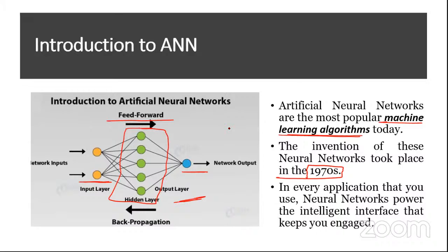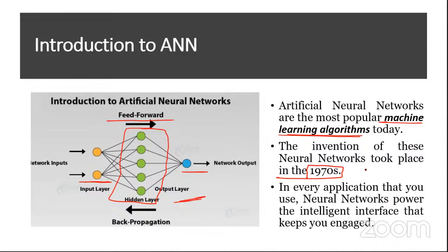They collect the data and forward it into the intermediate layers. Some kind of processing happens, and after processing the data, the brain is able to take a decision; similarly, ANN is also able to take a decision.